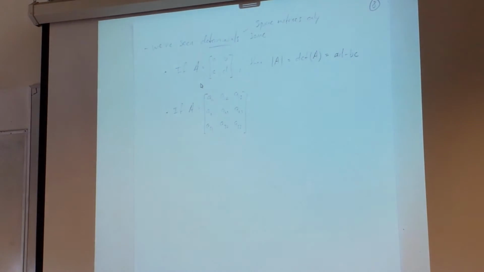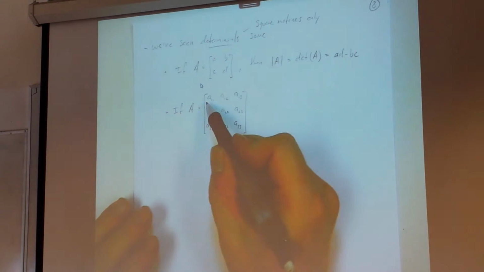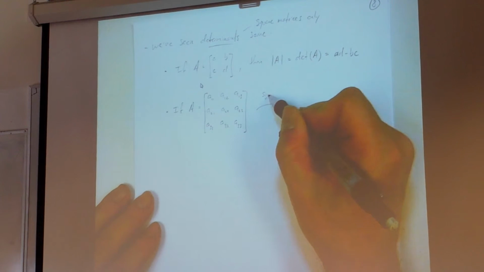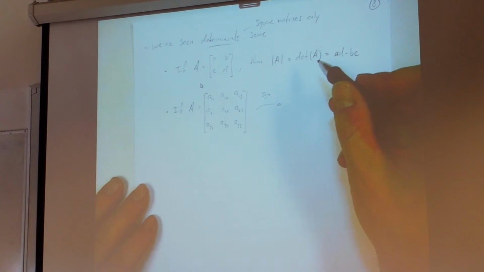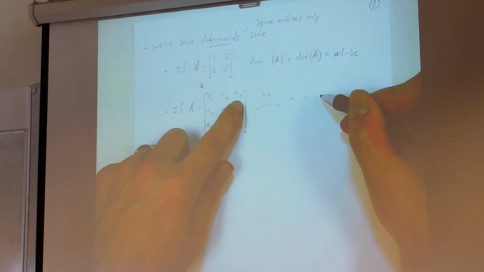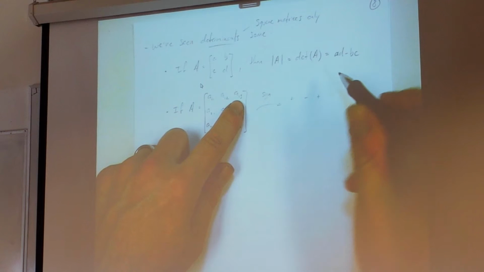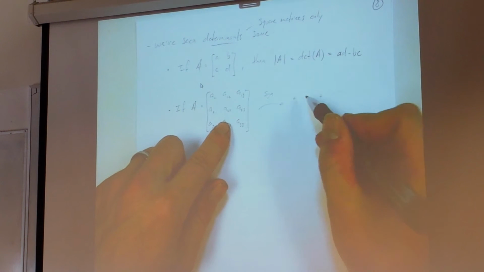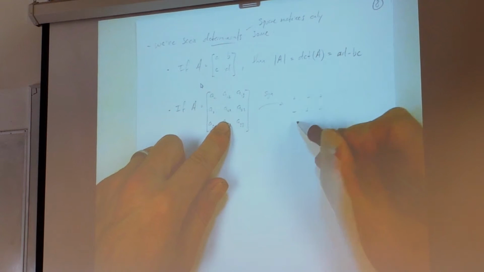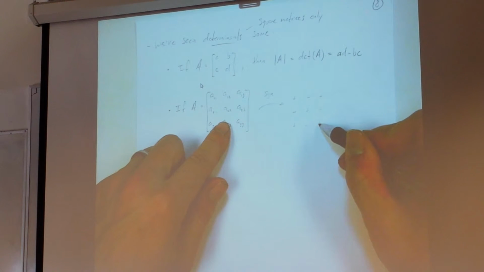If I have a 3 by 3 matrix, each entry has an invisible sign associated with it. We saw this a little bit talking about the Wronskian. Each entry has a sign, starting at the top left corner with a plus, and then alternating: plus, minus, plus, minus, plus, minus, plus, minus, plus.